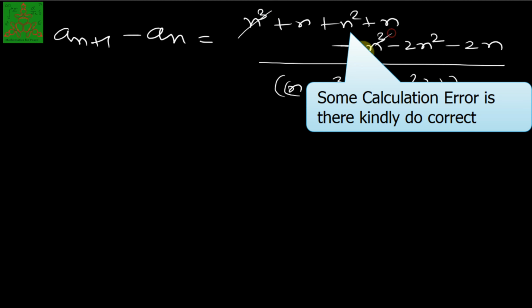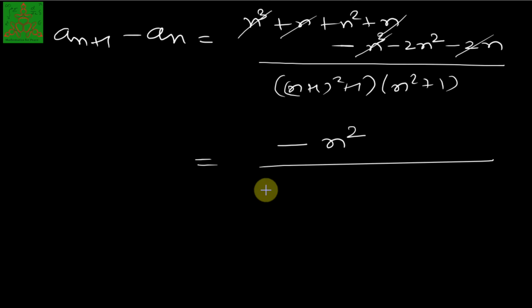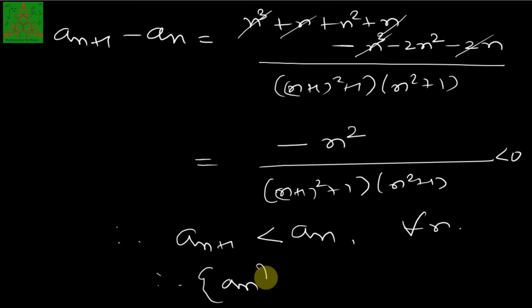You just observe that n cube is cancelled out, the n square is cancelled, and the 2n will also cancel. So the answer left is minus n square upon ((n plus 1) square plus 1) into (n square plus 1), which is negative. So therefore a_(n plus 1) is less than a_n for every n, and the sequence a_n is decreasing.